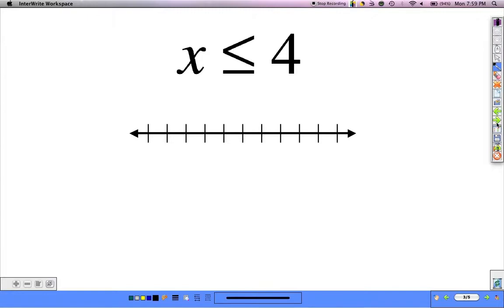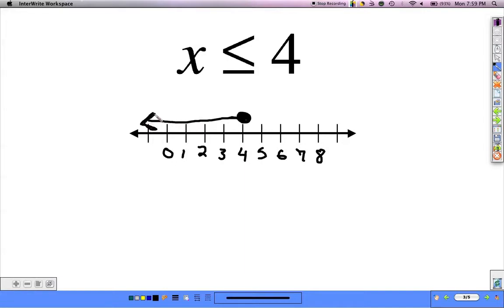So let's just see. If we have the situation where we have x is less than or equal to 4, well then on a graph we would just have 4 in the middle, since it's less than or equal to, that little rule that we have extra ink down here, we're going to put extra ink in our circle above 4, and it's going to be covering values less than 4.